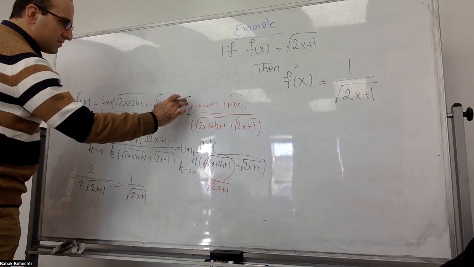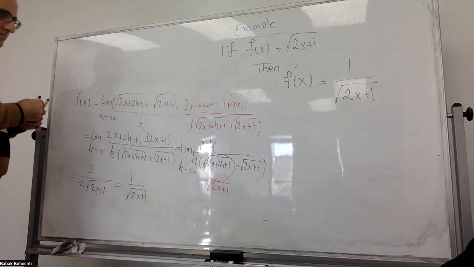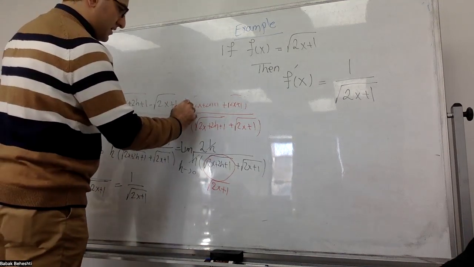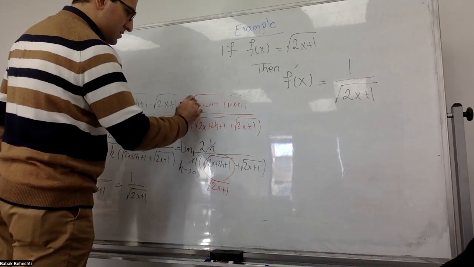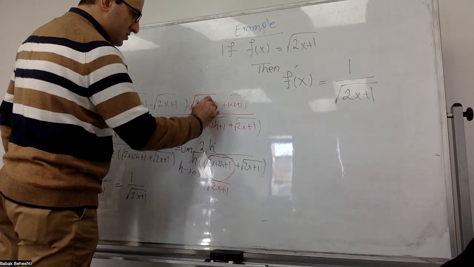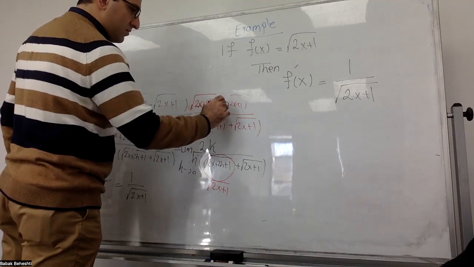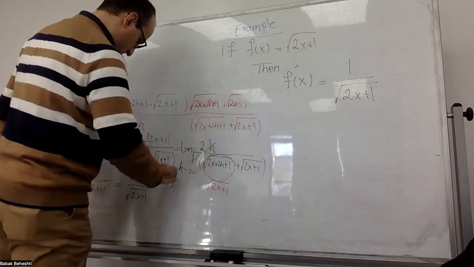And here I multiply it by its conjugate, which is root 2x plus 2h plus 1 plus root 2x plus 1.